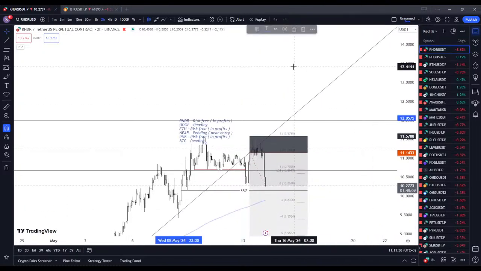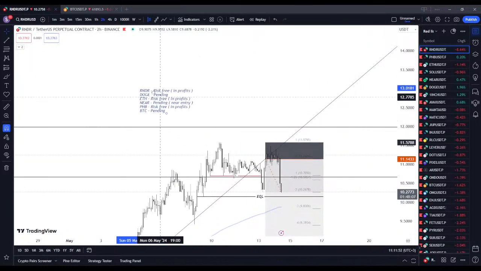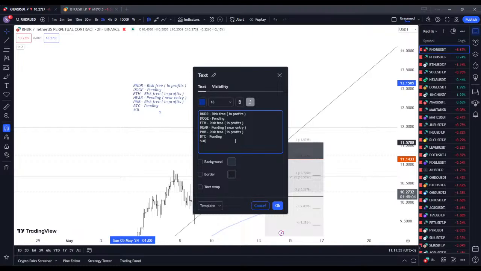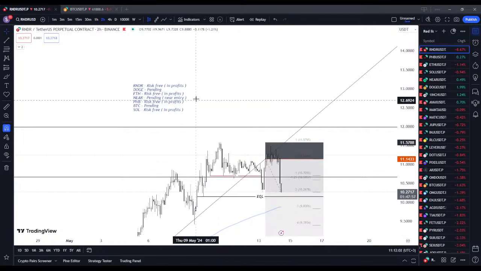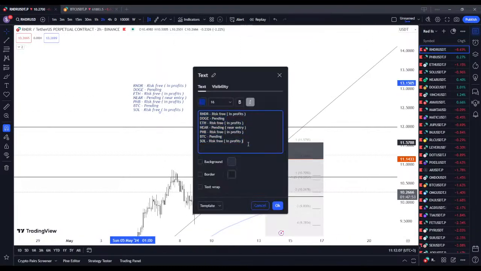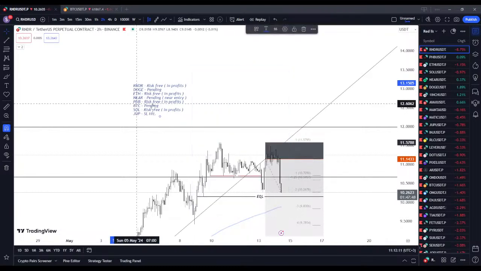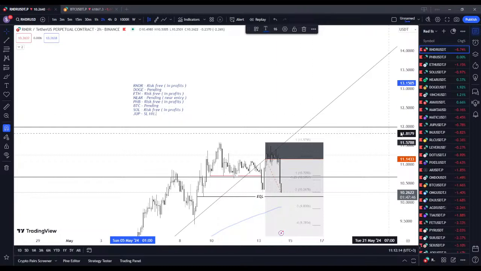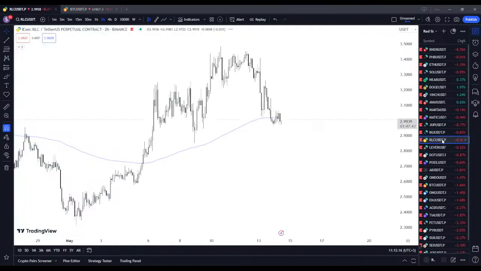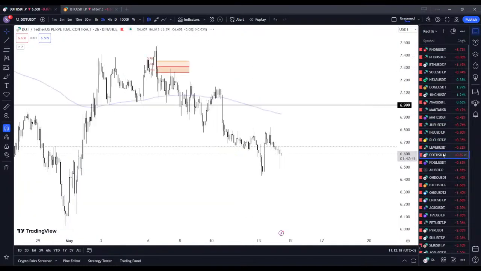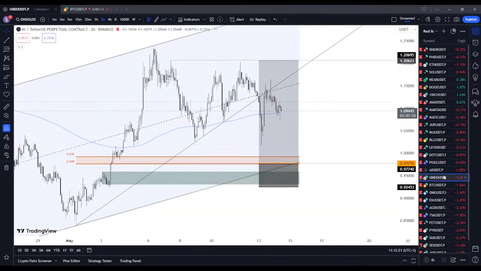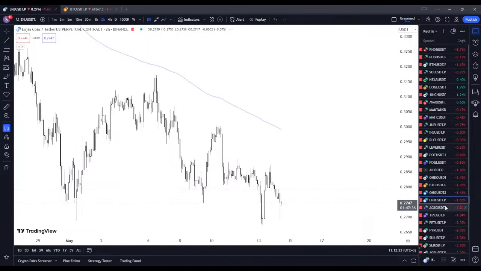Where's my list? I have it here. Sol risk-free in profits. And then I took a stop loss on Jupiter. Trader's life. Yeah, that would be it with the trades update.